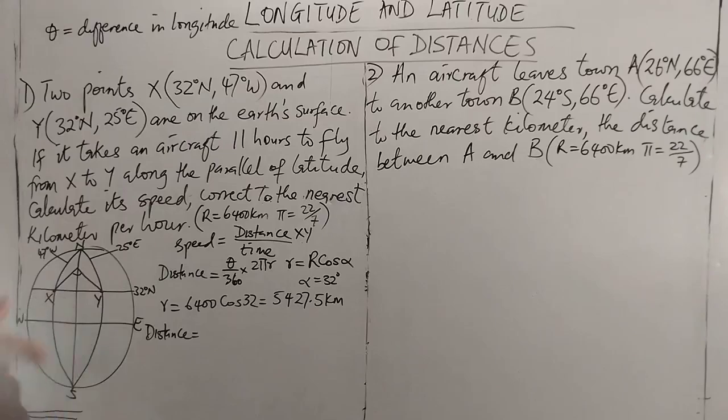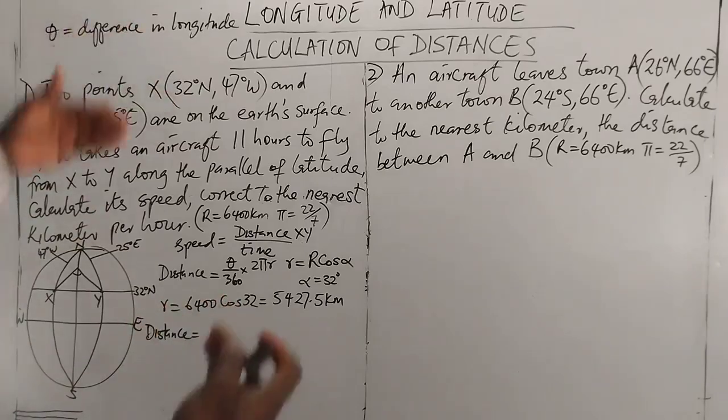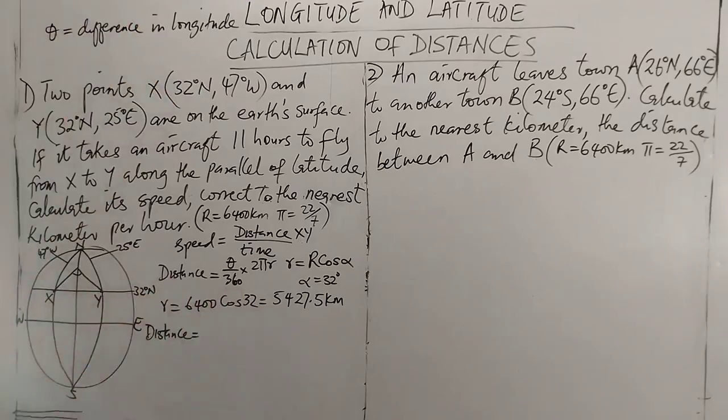Then, in calculating this difference in longitude, you check if the two lines of longitude are of different poles, then you add them. But if they are of the same pole, maybe west-west or east-east, you subtract.